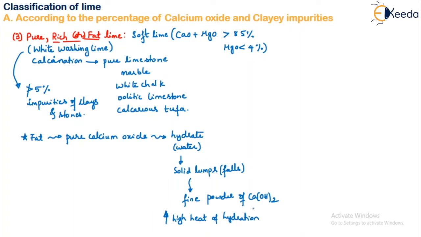Generally it will come in the form of clouds of steam. So this type of lime also will absorb the CO2 from the atmosphere and set.